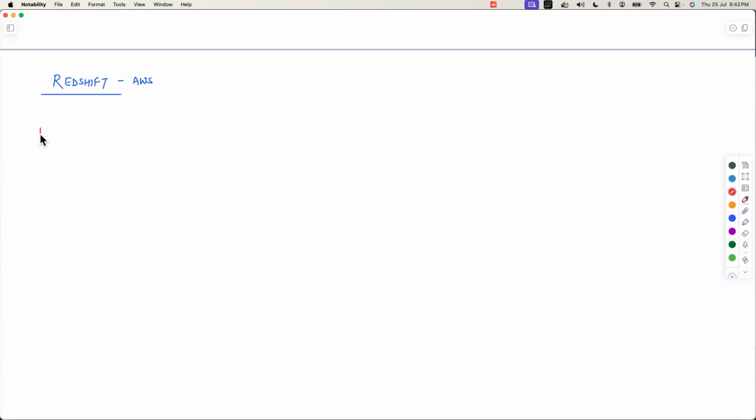So I was talking about Redshift. This is based on PostgreSQL, right? And this is used for your analytics and data warehousing.